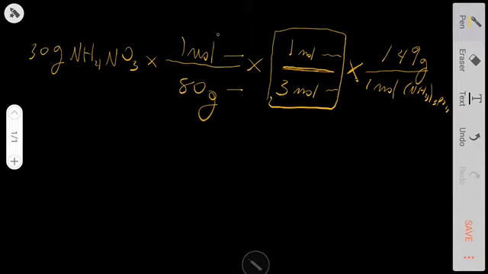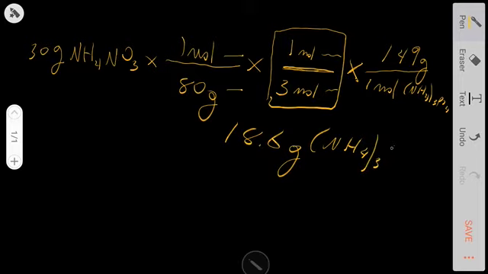So multiply the top numbers, divide by this, and you should get 18.6 grams of ammonium phosphate. Cool. So that's for the ammonium phosphate.